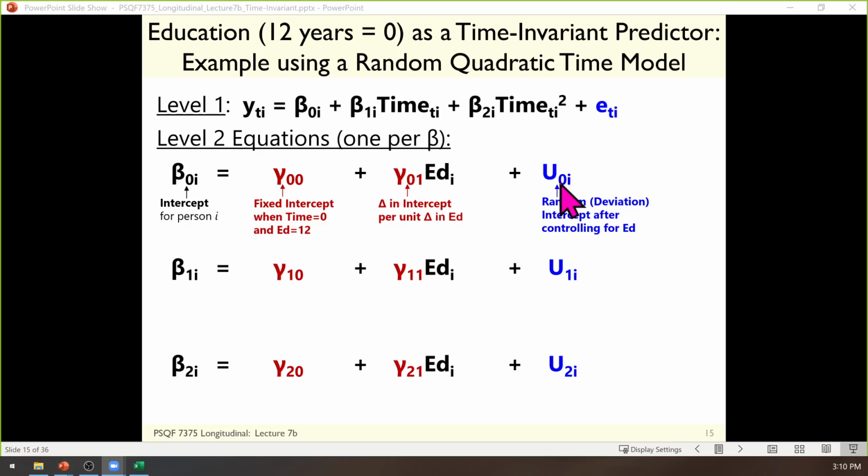But not everybody with 12 years of education is going to have the exact same outcome. So U0 is leftover reasons why some people need a different intercept after controlling for education. That idea of U0 being leftover deviation, sometimes people call it a level 2 residual because it's leftover. I find that confusing, and so I don't use that term. So I just call it random intercept leftover.